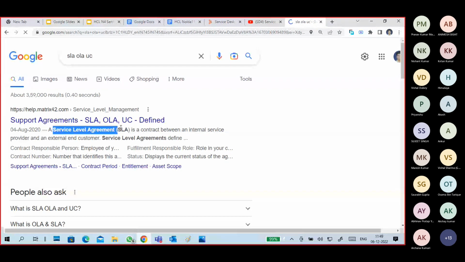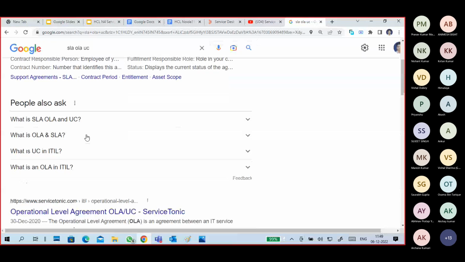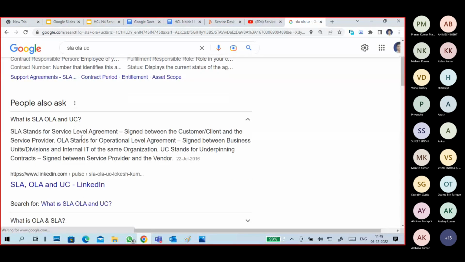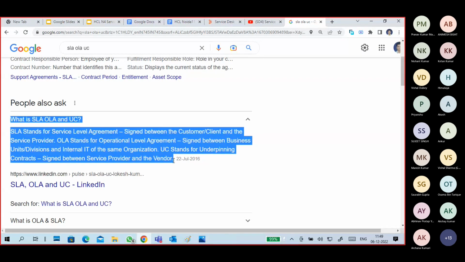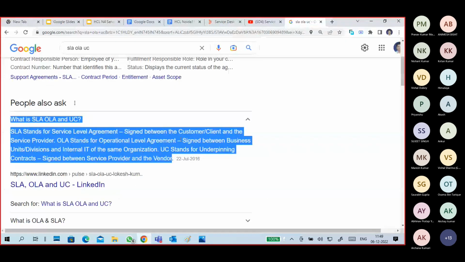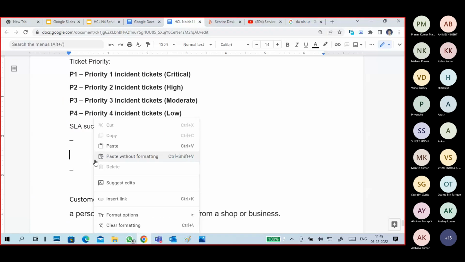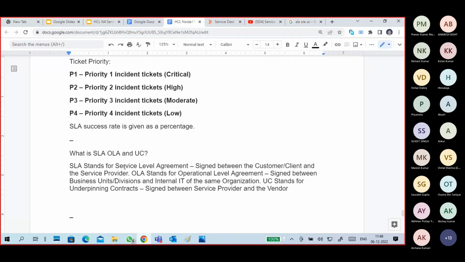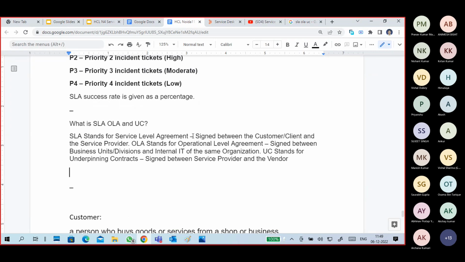SLA means service level agreement. Already I told what is service level agreement. Okay, what is service level agreement, guys? We are agreeing to provide certain services to the customer.